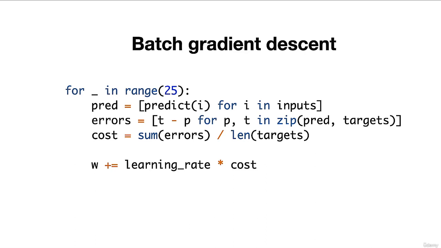This algorithm is called batch gradient descent. With batch gradient descent, every training sample from the training data is processed before updating the weight. You will see this algorithm often during this training. Later on in the training, we look at alternatives, but for now, this is what we will use to train the network.